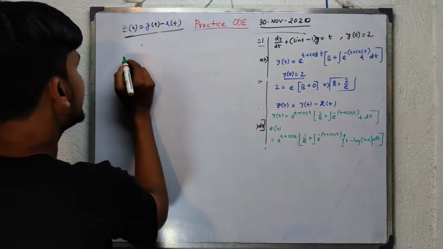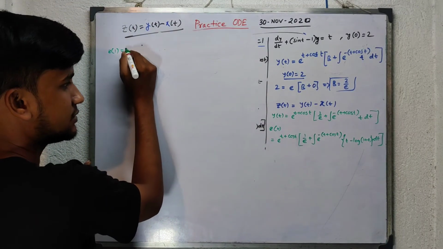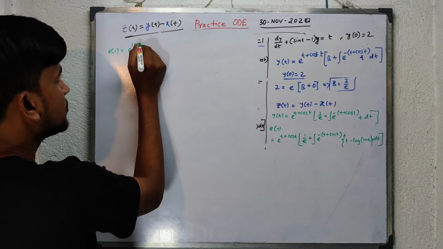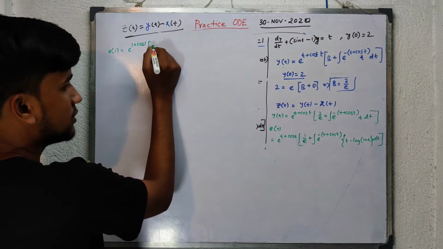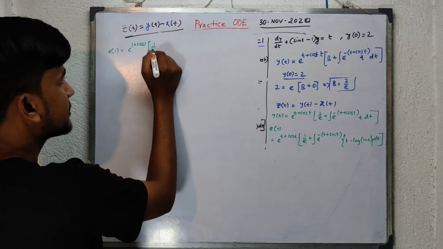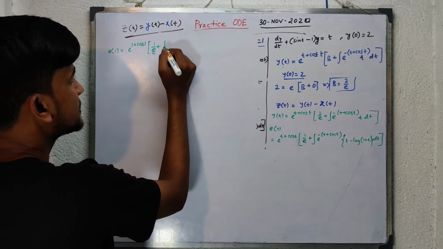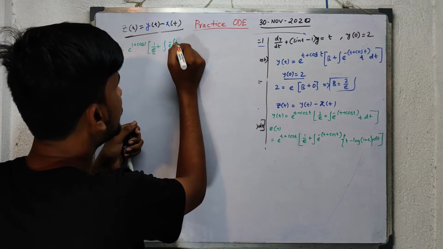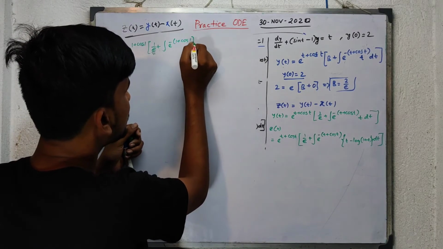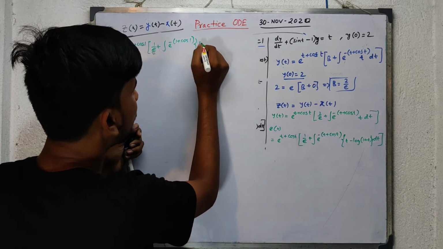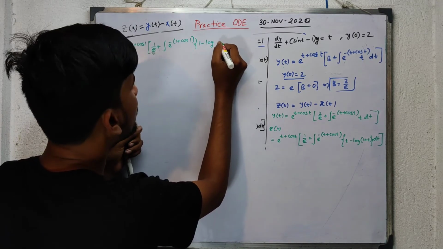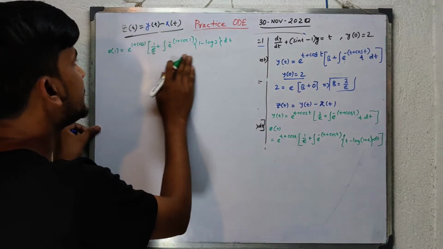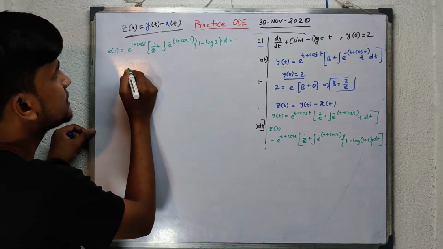So z(1) equals exponential (1 + cos 1) into 1/e plus the integral of e^(-(1 + cos 1)) into (1 - log 2) dt.